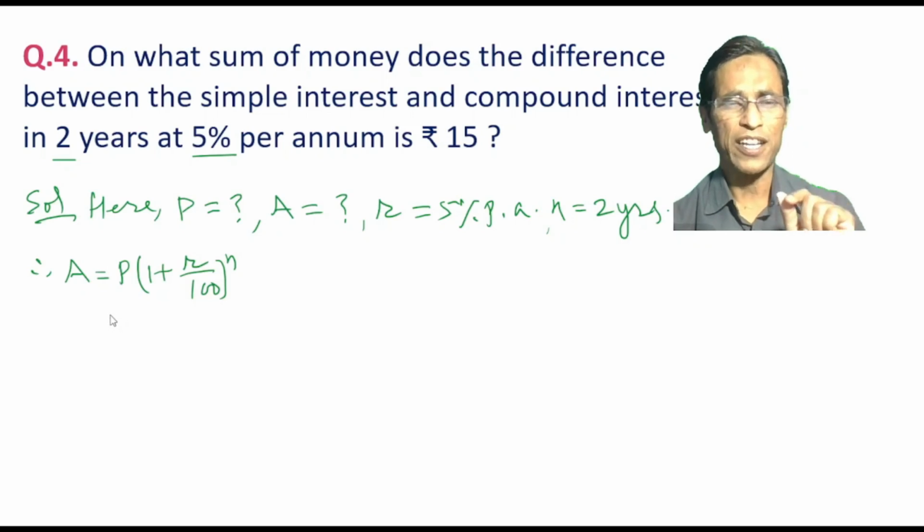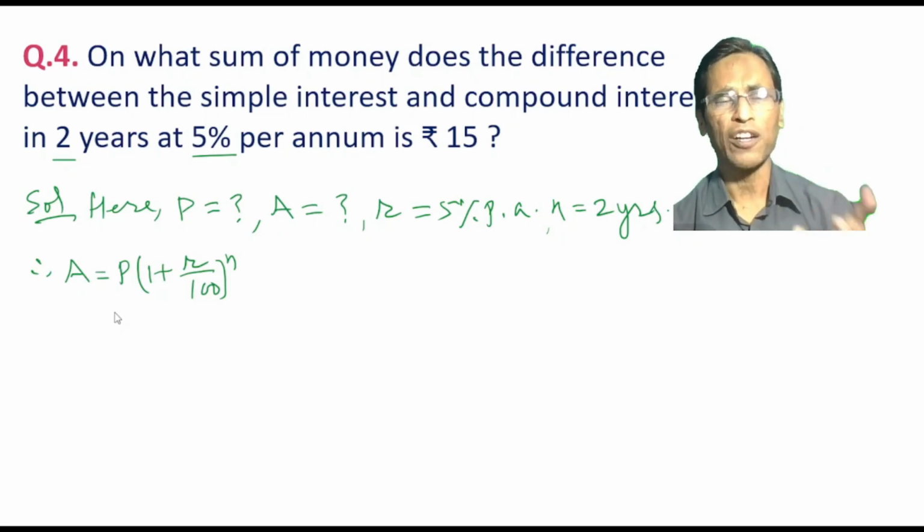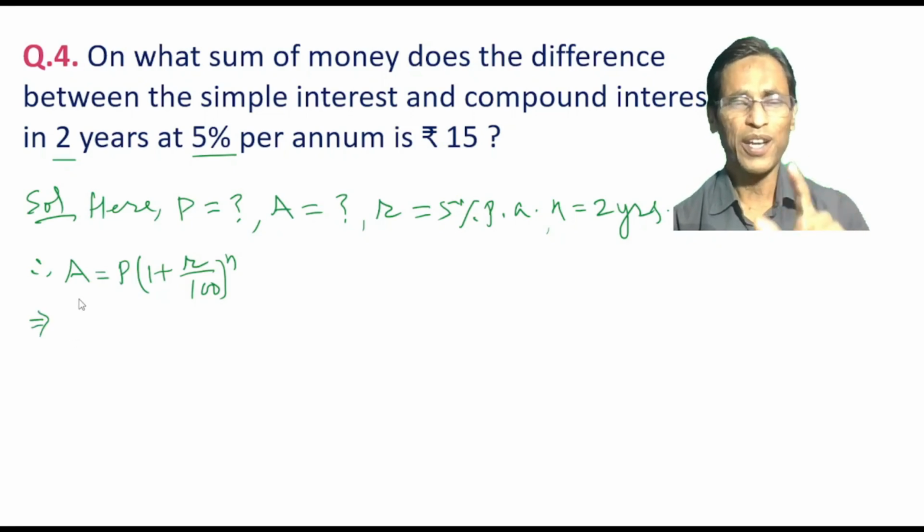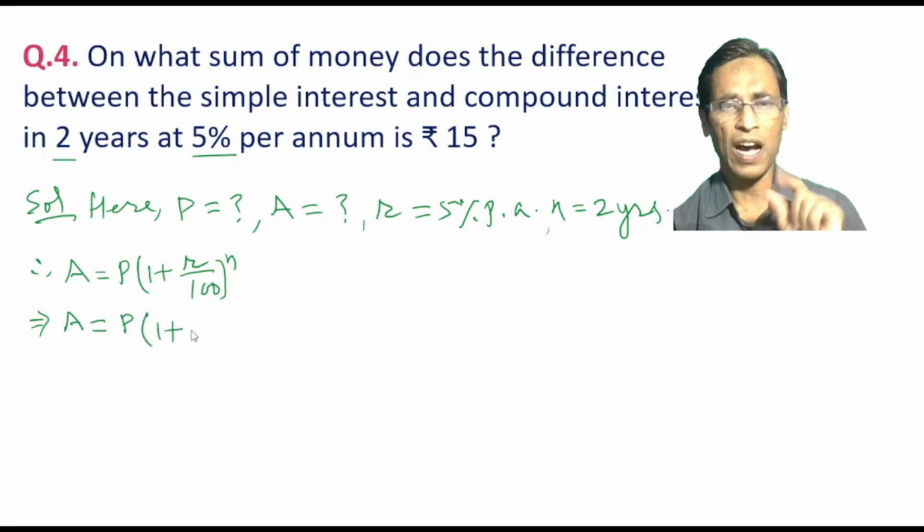In the next step, the terms having the information in the question will be replaced. Therefore, A is unknown, so A will be as it is. P is unknown, so P will be also as it is, and 1 plus R is 5, and so it is 5 by 100. N is 2, so it is 2.